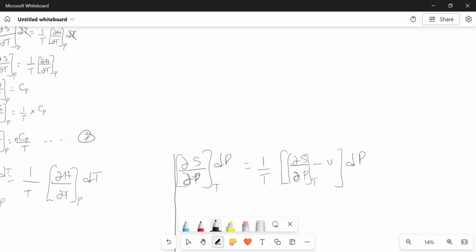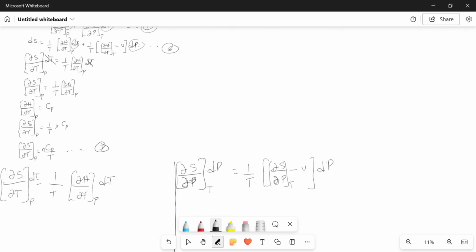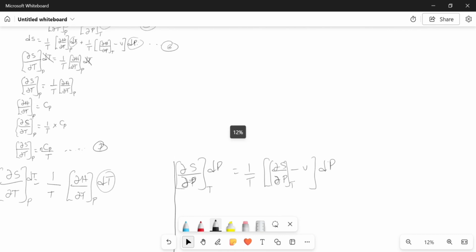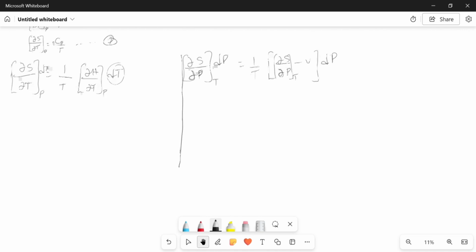It cannot be dT and dP, because we are having two different variables there. So I want to relate these two equations one after the other, working out these two equations one by one.